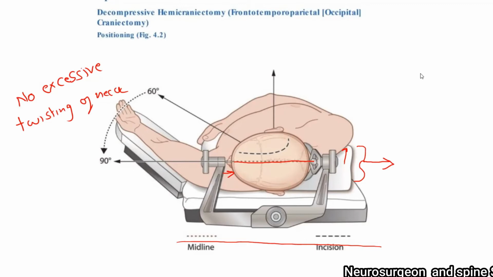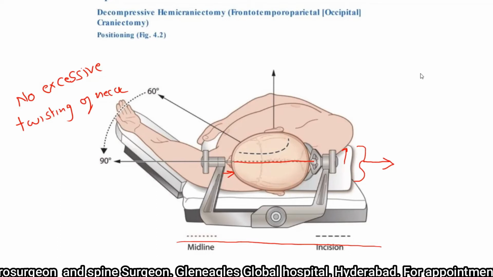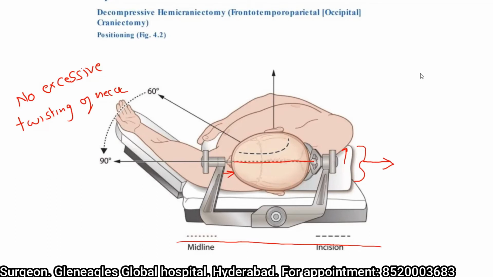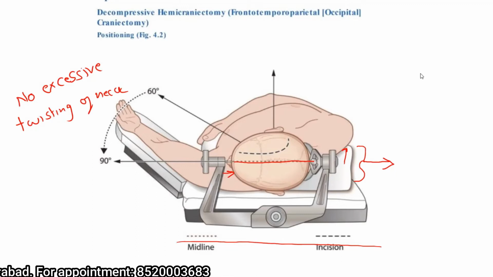And coming to the remaining 2 pins on the occipital side, we will have to place the 2 pins straddling the midline. If you place it on the midline, again, the reason is the same. You may penetrate the skull, causing injury to the superior sagittal sinus.